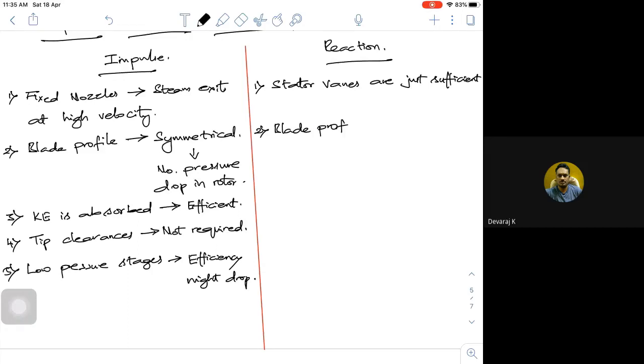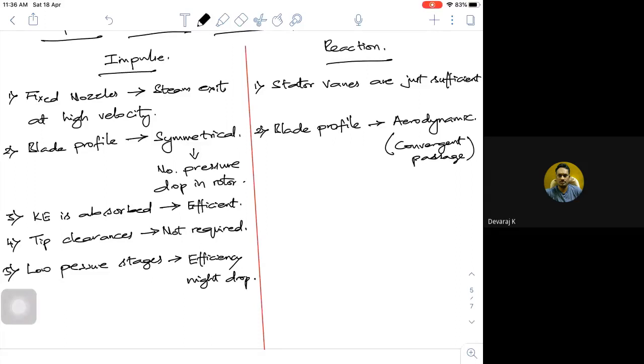The blade profile is aerodynamic. To be very precise, I need to have some kind of a convergent passage at the inlet and it should have a divergent facet at the exit. Why is this required?